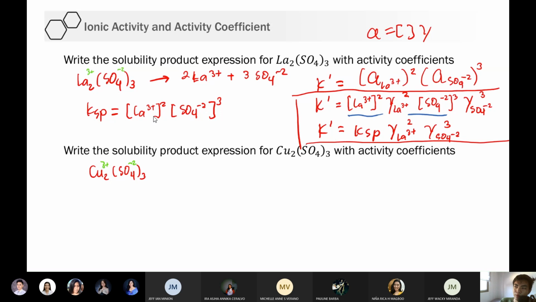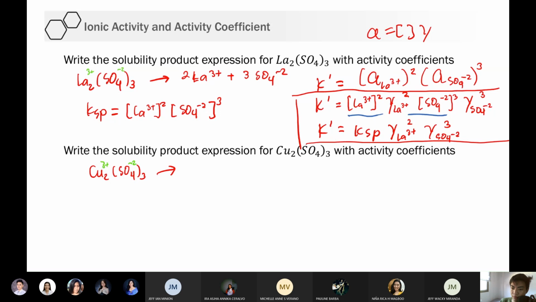Why do we denote the charges? Because this is important for solving the ionic strength, just in case. This is just a reminder of how to determine the charges.